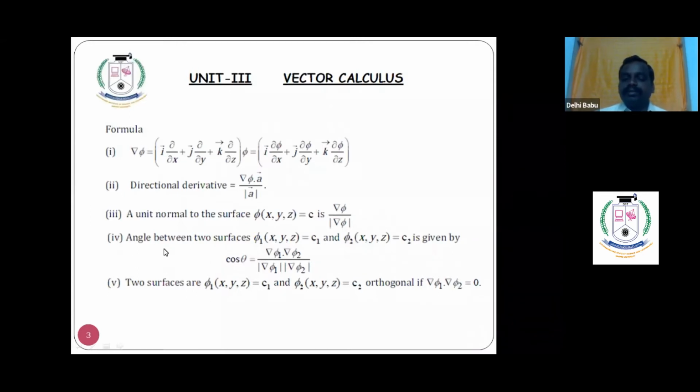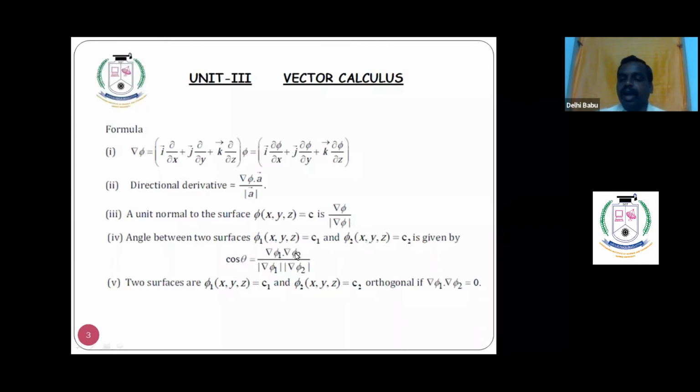And the next one, suppose 2 surfaces are there, namely phi 1 equal to c1 and phi 2 equal to c2. Both phi 1 and phi 2 are scalar quantities, which are functions of x, y, z. Then the angle between these 2 surfaces is cos theta equal to del phi 1 by modulus del phi 1 dot del phi 2 by modulus del phi 2, which is the first unit normal vector dot the second unit normal vector.